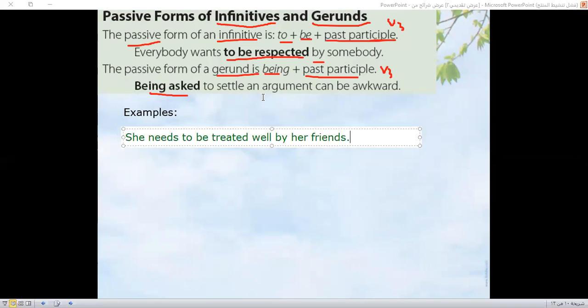This is the passive form of the infinitives. She needs to be treated well by her friends. You see, to, and then be, and then the past participle, which is verb 3 of treat, treated.